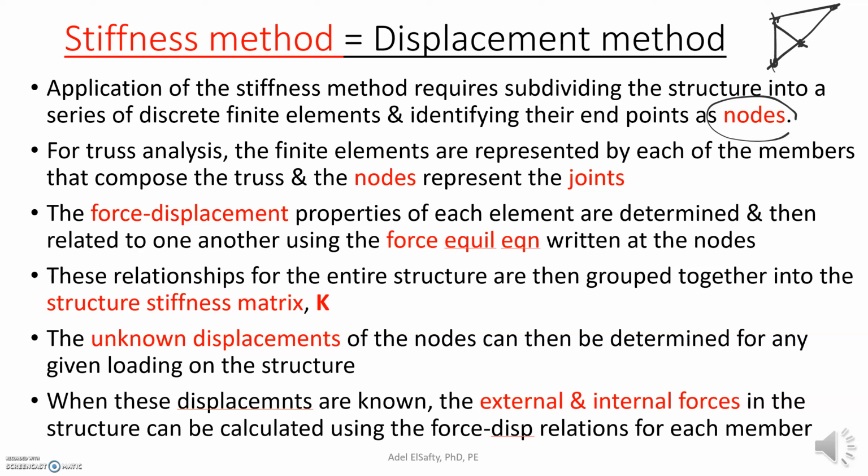Once you find these displacements, then you can find the external forces in the structure, and you can calculate that using the force displacement relationships. Again, let's get back one step. If you didn't follow what I'm saying, we are going to find out the deformations first, and then we will find out the external forces or the reactions from the force displacement relationship.